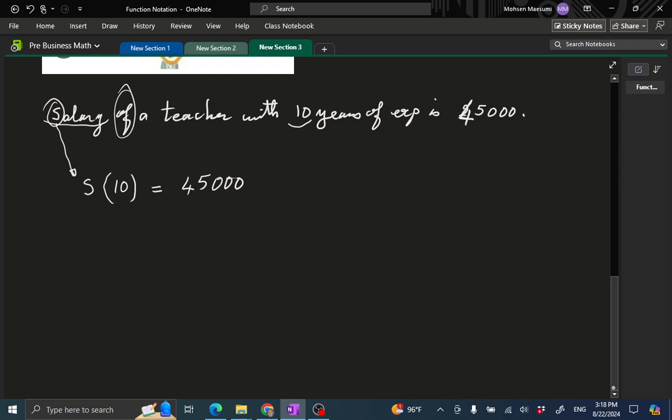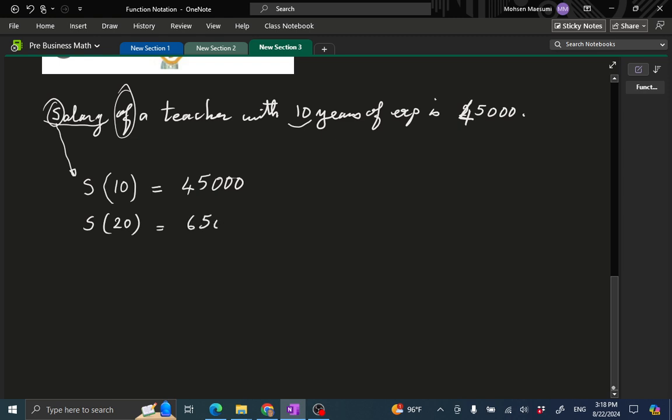Okay, so we abbreviated this whole statement to something shorter that we can write with few symbols, and then we can abbreviate it and talk about it. So if I write S of, say, 20, let's give some good promotion to this person.